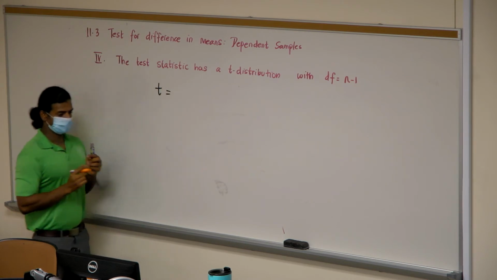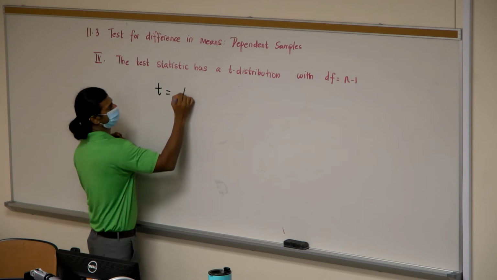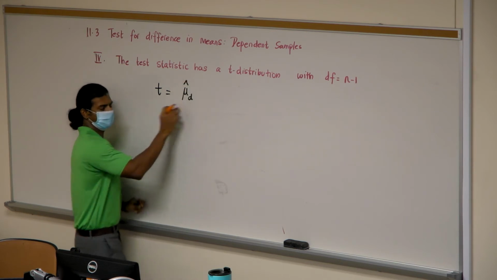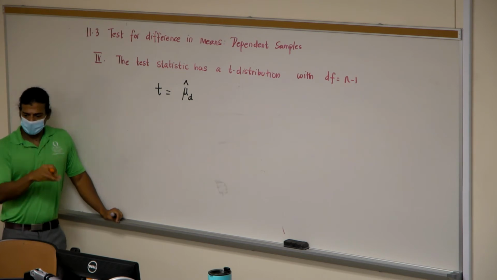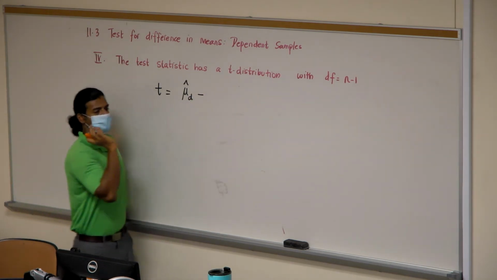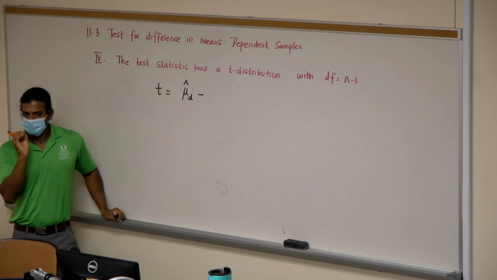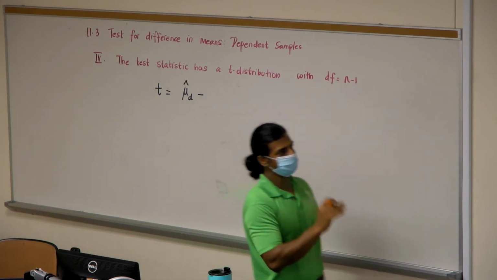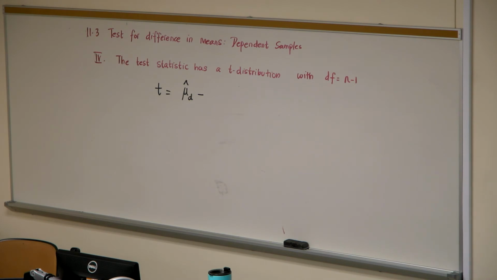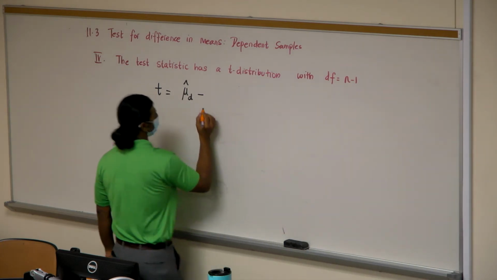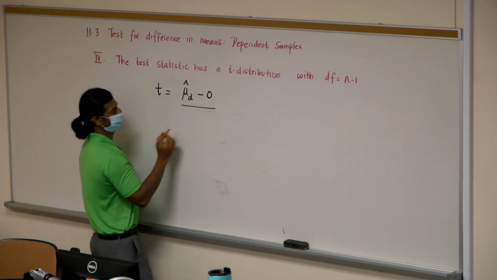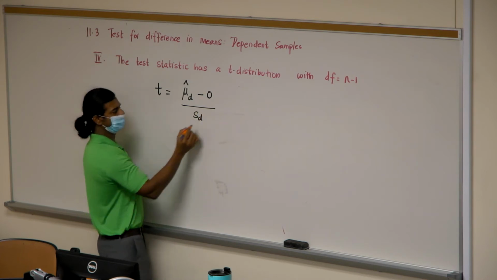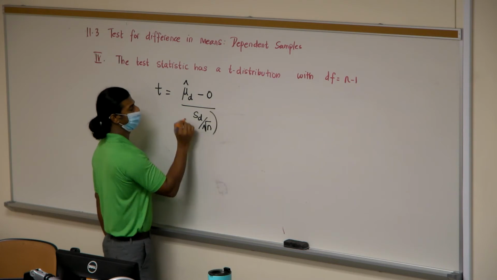And the test statistic is defined as the estimated sample average minus the null value of the difference. In our case, based on the definition that we wrote, mu sub D is less than 0, so that is our null value, therefore we just have 0, over the standard deviation divided by square root of n.